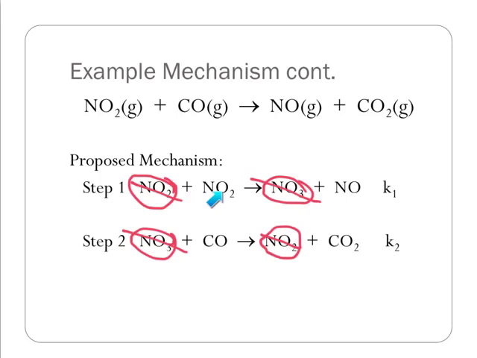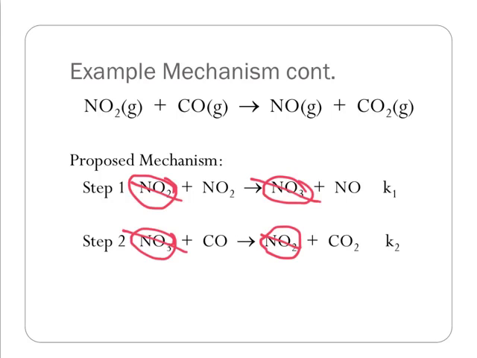So I'm left with an NO2 and a CO on the left, and then an NO and a CO2 on the right. So, in other words, this mechanism passes the first benchmark. The sums of the elementary steps add up to the overall reaction. So benchmark number one has been cleared.